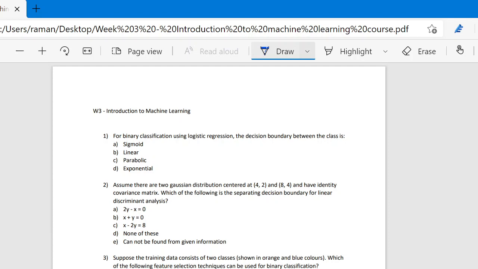The first question is for binary classification using logistic regression, what the decision boundary between the classes looks like. Suppose there are two classes.